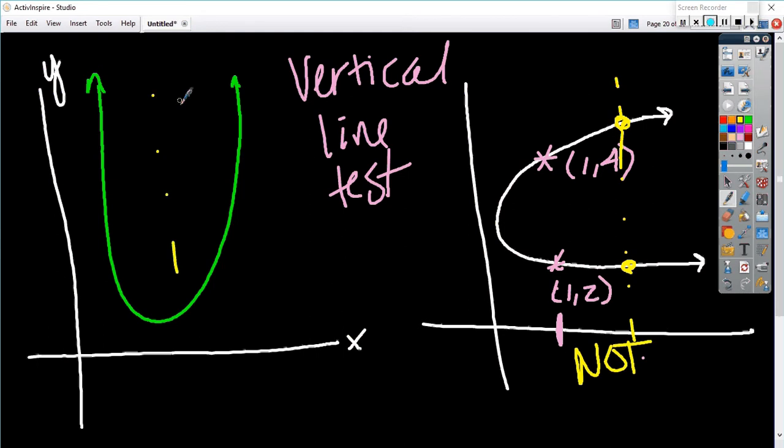But over here, there's no way, if you took your pencil or whatever you have and you came across, it's never going to hit more than one time. But if I come over here, oh look, it's going to hit twice. It's the vertical line test. Does that make sense? You probably have seen it at some point before. I hope anyway.